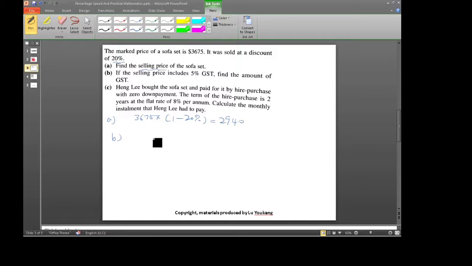$2,940. And now, if the selling price already includes 5% GST, find the amount of GST. Therefore, without GST, we can let the price be G, and this G plus 5% GST will give us $2,940. Therefore, G times (1 plus 5%) equals $2,940.